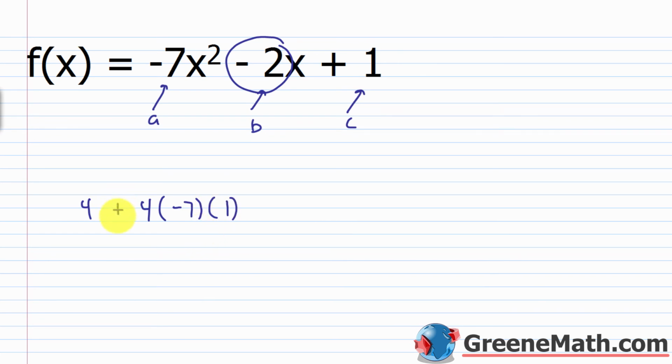You might as well say this is plus negative 4 to make it easy. Negative 4 times negative 7 is positive 28. 28 times 1 is still 28. Without even doing the addition, we know this is positive, and so there are two real solutions, or two x-intercepts. 4 plus 28 gives me 32. So 2 x-intercepts.